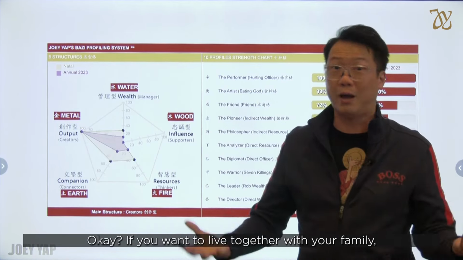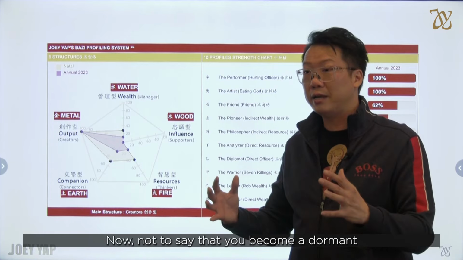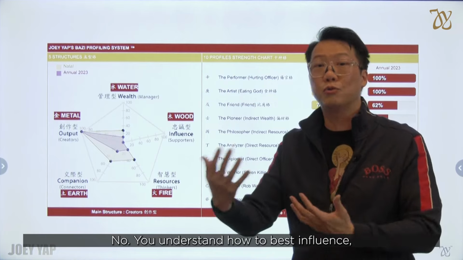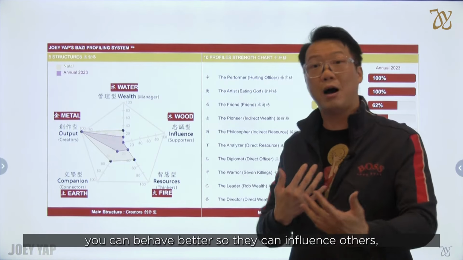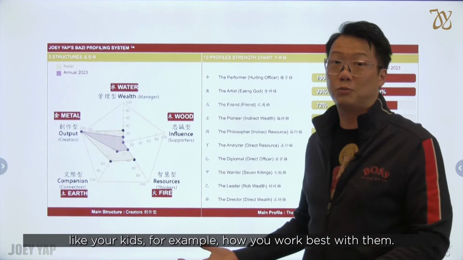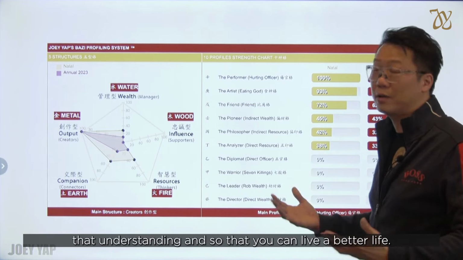If you want to live together with your family, this will be a great way to understand how each person operates. Now, not to say that you become a doormat and please everybody. No, you understand how to best influence, guide, or teach other people how to behave, or how you can behave better so they can influence others. Like your kids, for example, how to work best with them. This tells you those profiles, that understanding, so that you can live a better life.